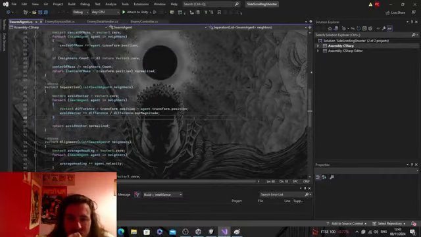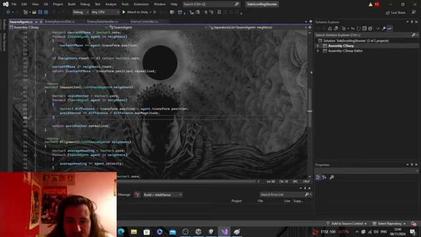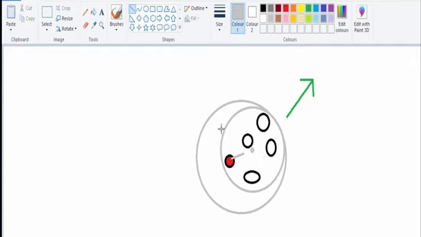Let me just double check what I did with separation here. Avoid vector for each agent in neighbors. Difference is transform minus the other one. Avoid vector plus equals. Okay, I remember. So basically, you don't want this hitting into the other swarm members.